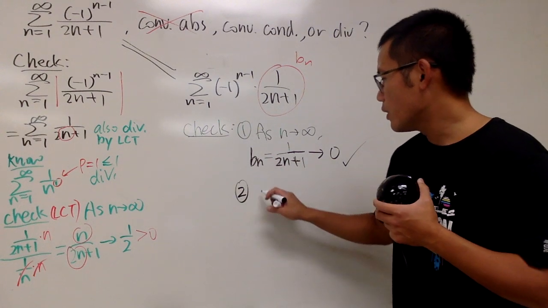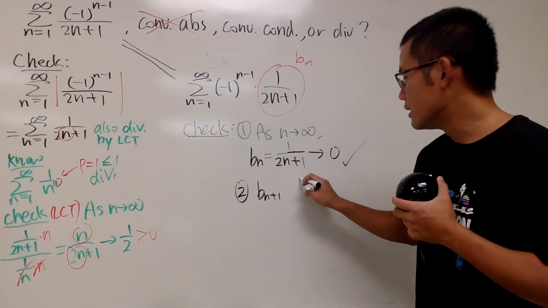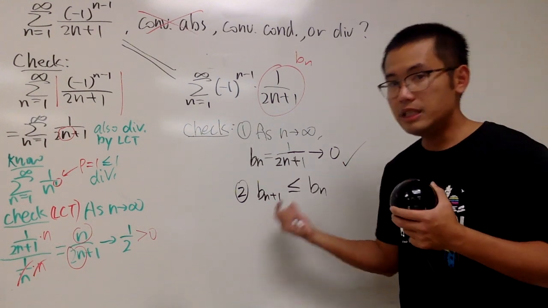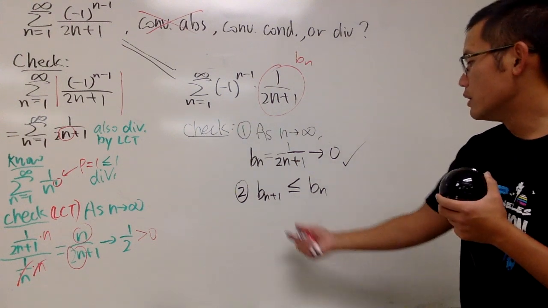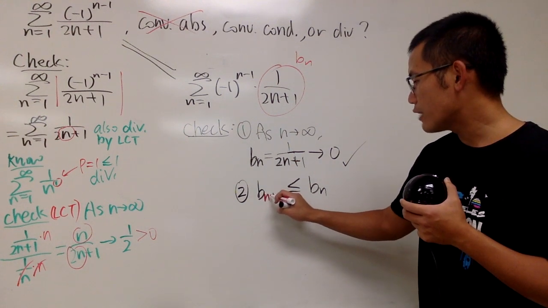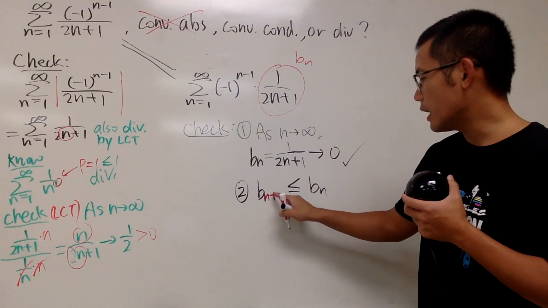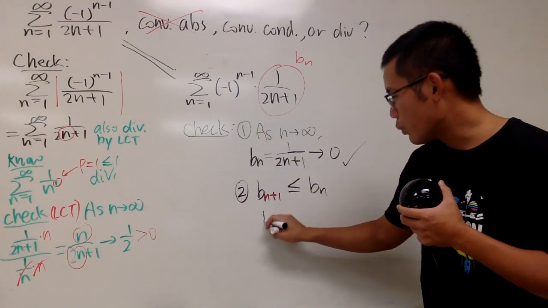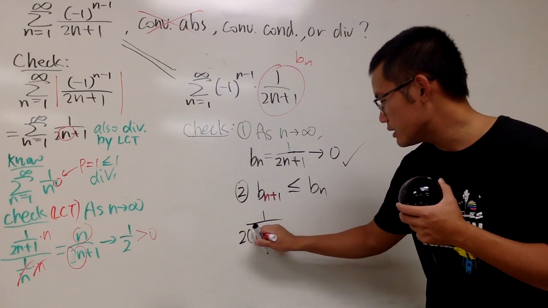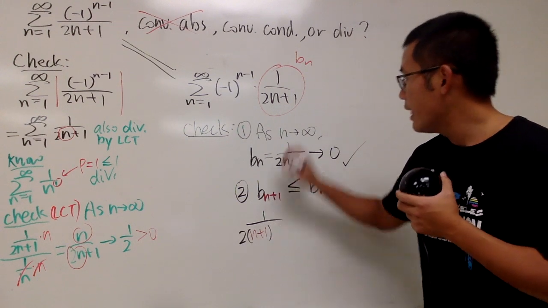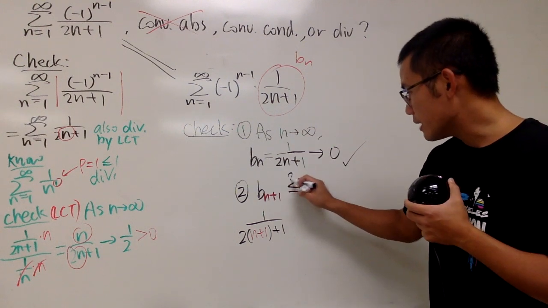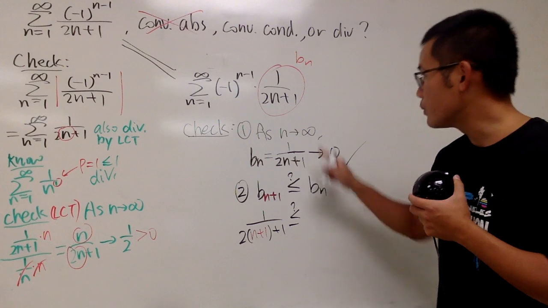Secondly, well, do we have b_{n+1} less than or equal to b_n? Meaning, does b_n decrease? Well, this means what? I just have to put the n plus 1 into this n. So we are looking at 1 over 2 times (n plus 1), and then plus 1 right here. Is this less than or equal to b_n, which is the original?